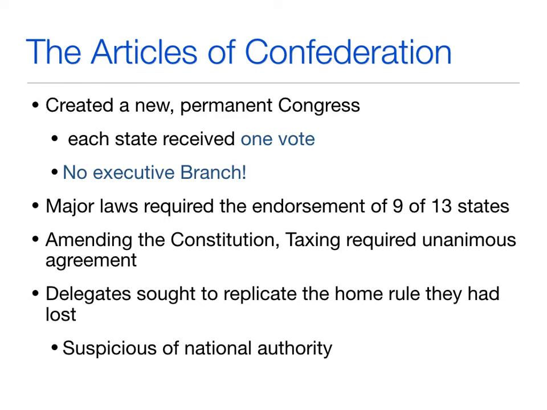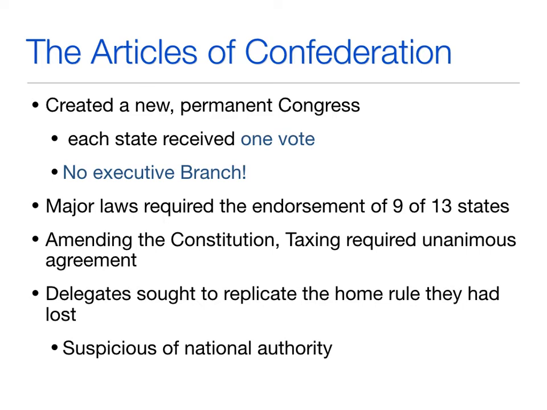There's no executive branch. Well, why not? We have an executive branch under the current Constitution. Well, before this point, before the Articles eventually fail, and we realize what the problems were under the Articles, we had no experience executing our own laws, enforcing our own laws. That was handled by the monarchy. So there's no executive branch.